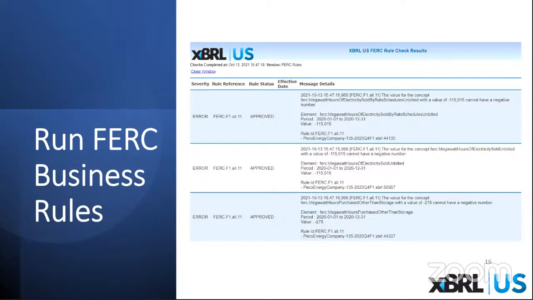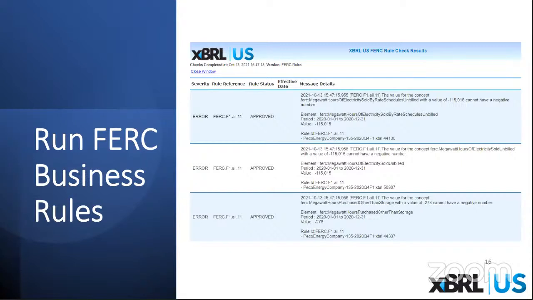The rules themselves will tell you the structure. This is the rule reference. It'll say F1 all 11. Generally, the first part of it tells you what form it is. You probably know that. The second part is going to tell you the schedule number. In this case, there are some rules called all, which basically apply over all the schedules.